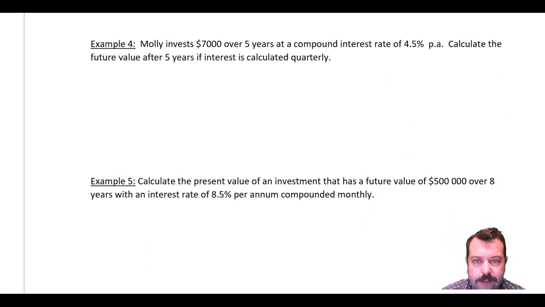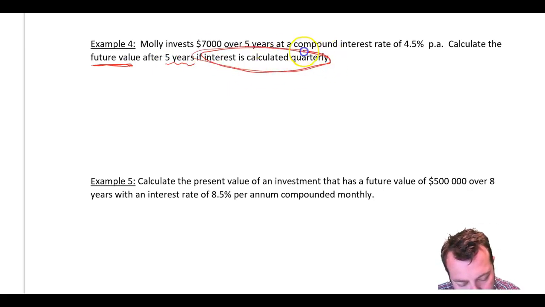So Molly invests $7,000 over 5 years, compound interest rate 4.5% per annum. Calculate the future value, right? It's not saying calculate the interest, calculate the future value. That's nice and straightforward. After 5 years, now, interest is calculated quarterly. This is really important.